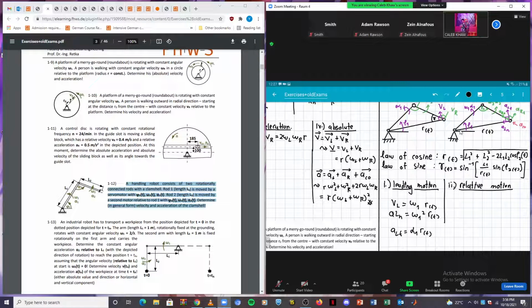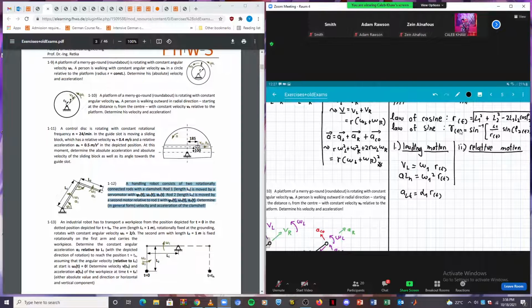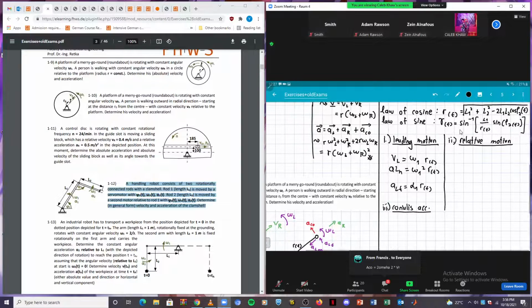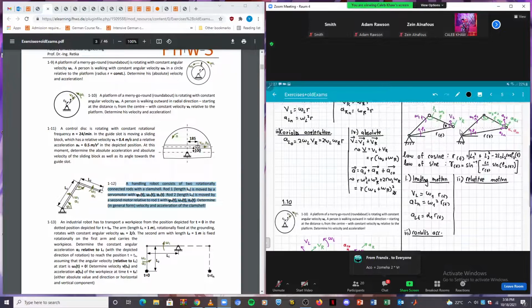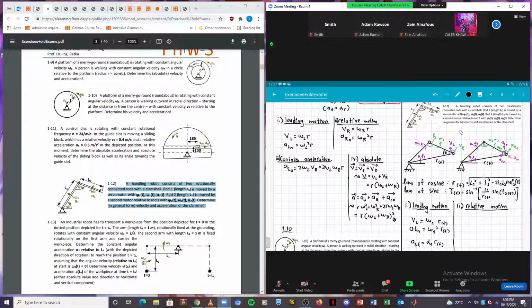Okay, so then the Coriolis acceleration should be... yeah, okay, someone has written it in the chart.